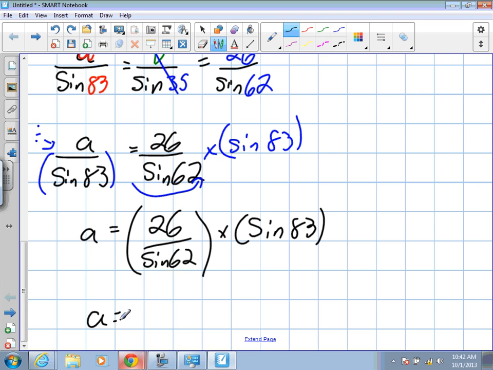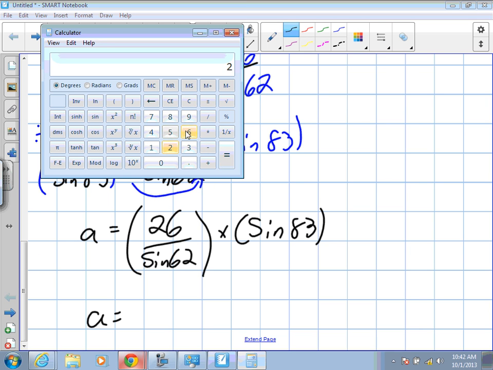Let's see if I can bring up a calculator here. 26 divided by bracket 62 sine and bracket is equal to. Okay, so that's equal to 29.44. And I'm going to multiply it by bracket sine 83 and bracket.